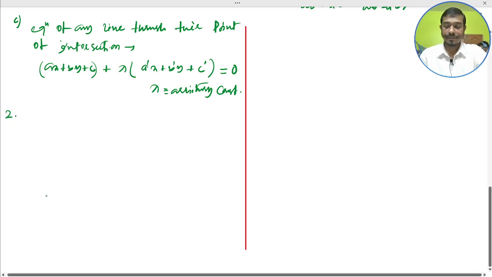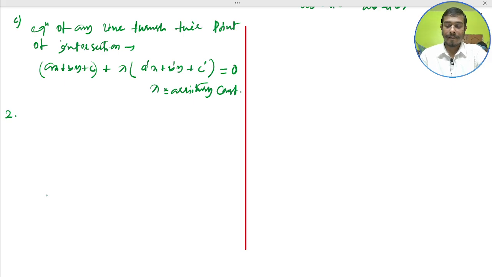Next, equation of a line parallel to the line. Suppose the line is ax plus by plus c equal to 0, and the parallel line is ax plus by plus c dash equal to 0.